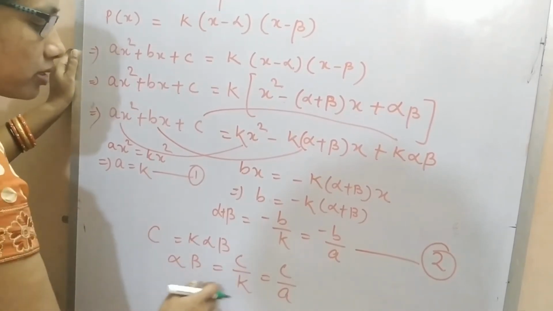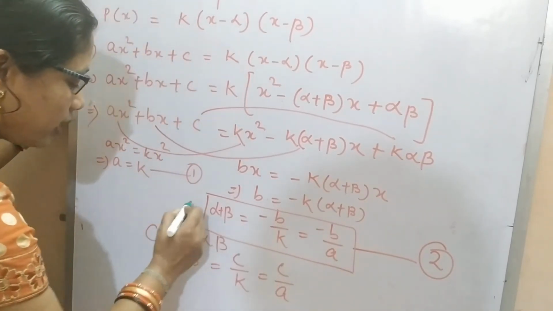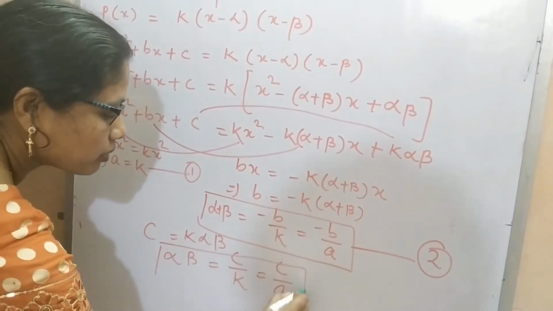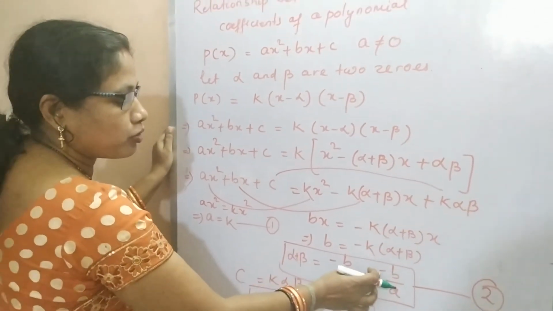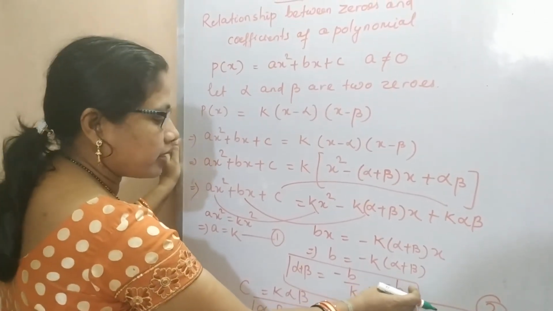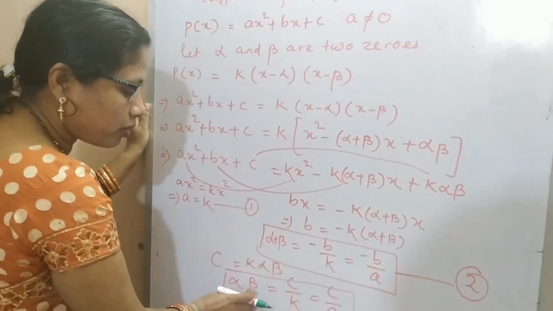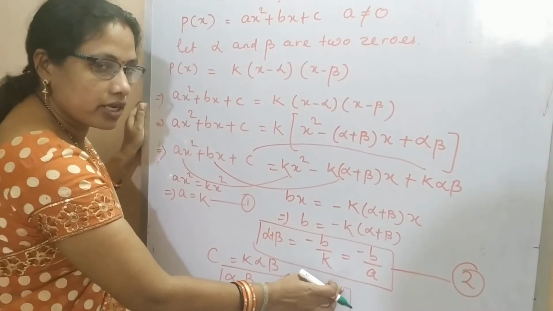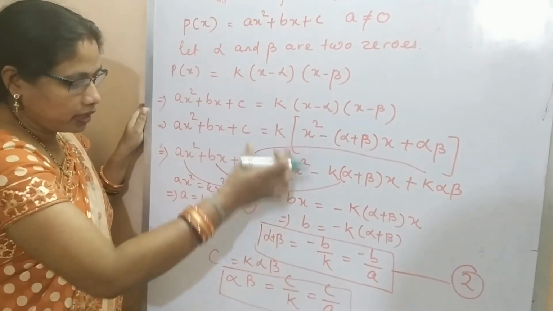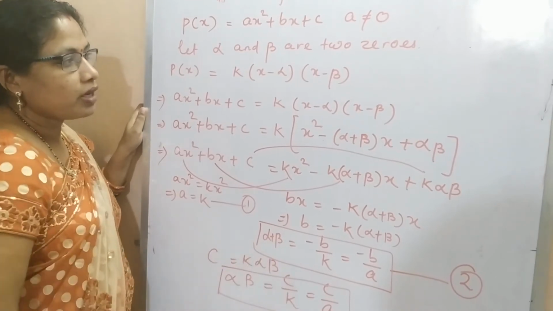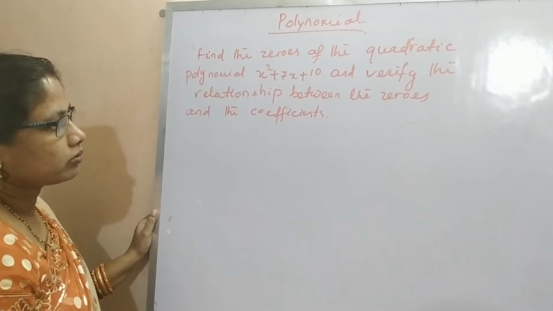So this is the relationship: alpha plus beta is equal to minus b by a and alpha beta is equal to c by a. So sum of two zeros is equal to minus the coefficient of x by coefficient of x square, and product of two zeros is equal to the constant term by coefficient of x square. So by using this relationship, you will be able to solve some other problems in quadratic polynomials.